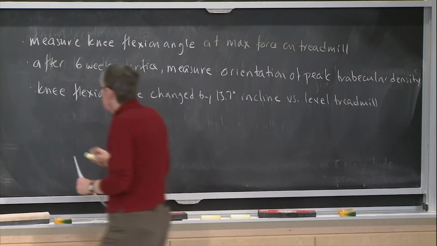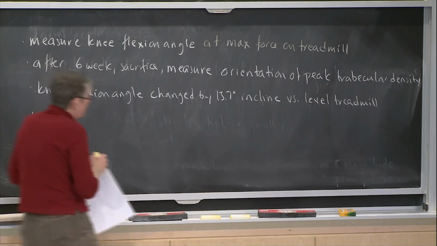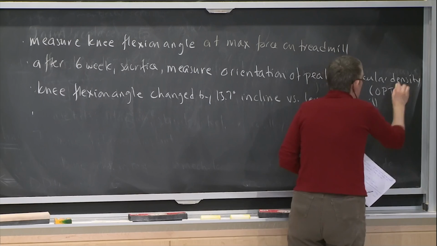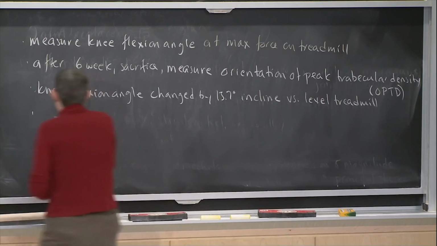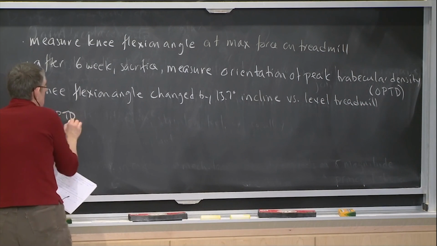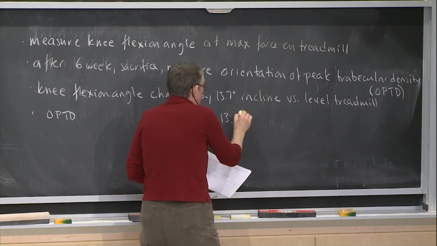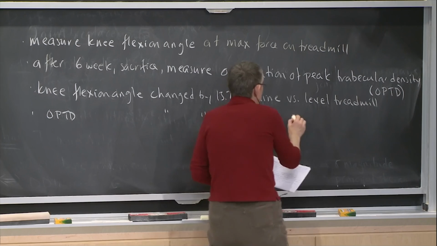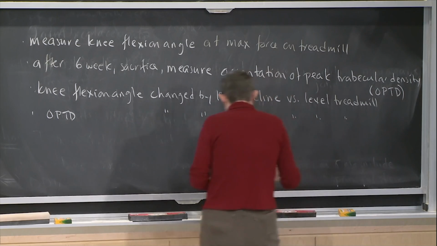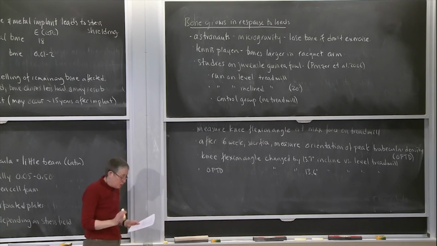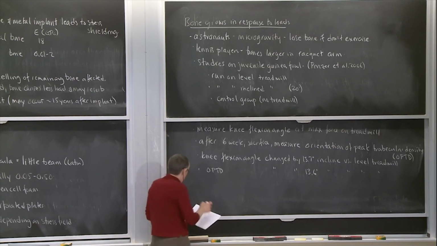And they found the orientation of the peak trabecular density, which they called OPDD, also changed by 13.6 degrees. So the idea is that the orientation of the trabeculae changed to match the orientation of the loading.